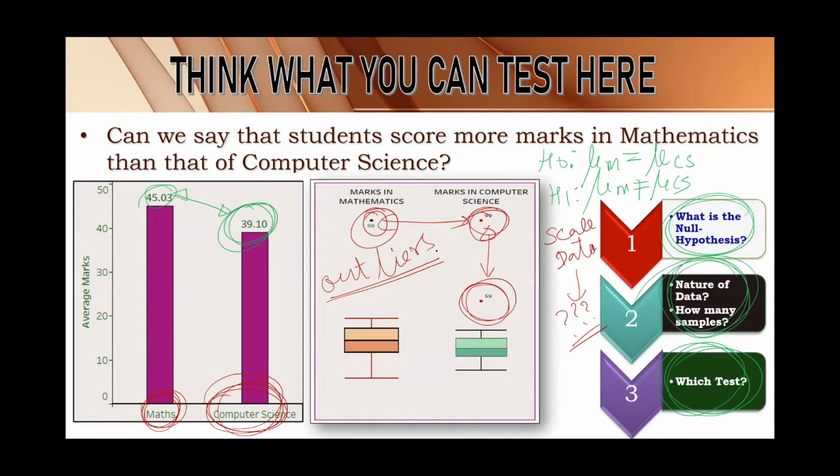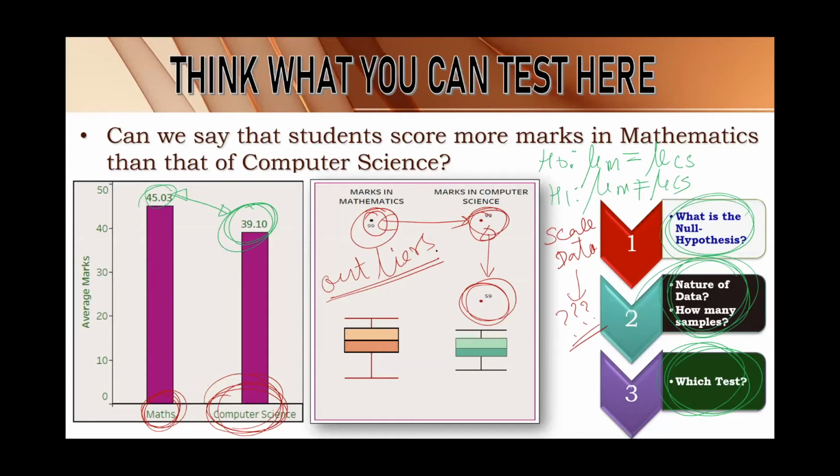Okay. Tiwari, tell me, is it a related sample test or an independent sample test? So these two are independent samples. A related sample is one where there is some commonality. So if it is before and after, that kind of situation is a related sample. These two are unrelated.